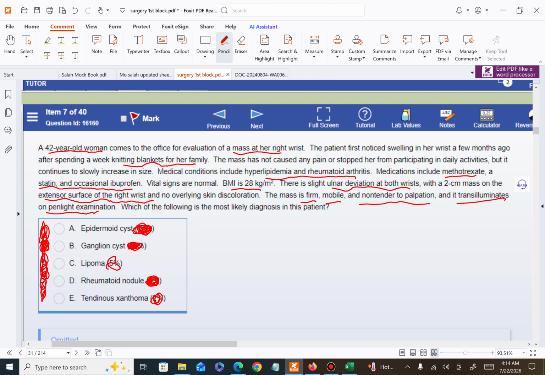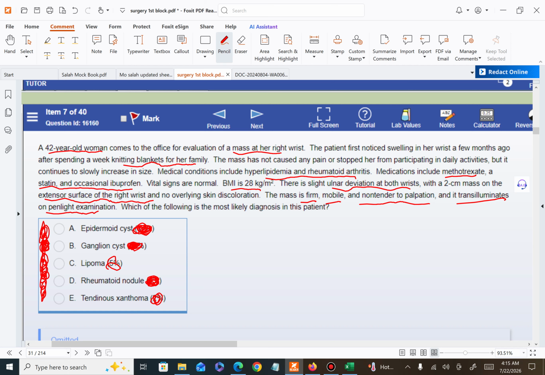The patient has a past medical history significant for hyperlipidemia and rheumatoid arthritis, and the medications she was using regularly were methotrexate, statin, and occasional ibuprofen.